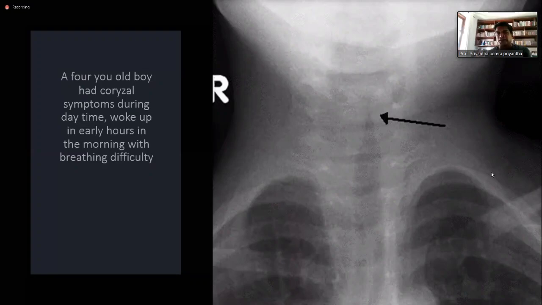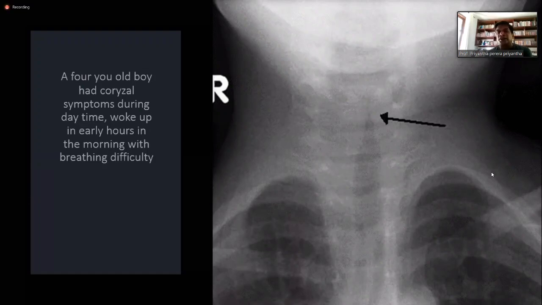So it's only breathing difficulty, and the common etiology is parainfluenza virus, but other viruses can cause it. Even influenza virus can cause it, but the commonest one is parainfluenza virus.